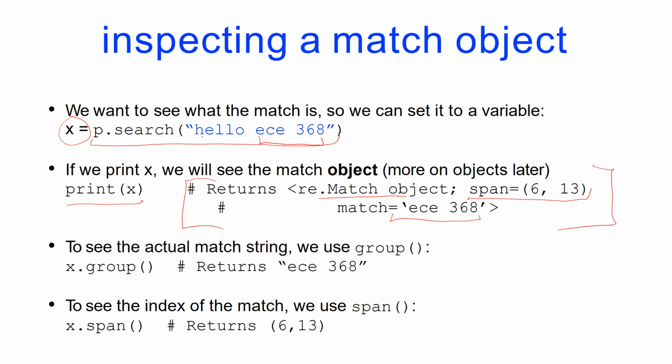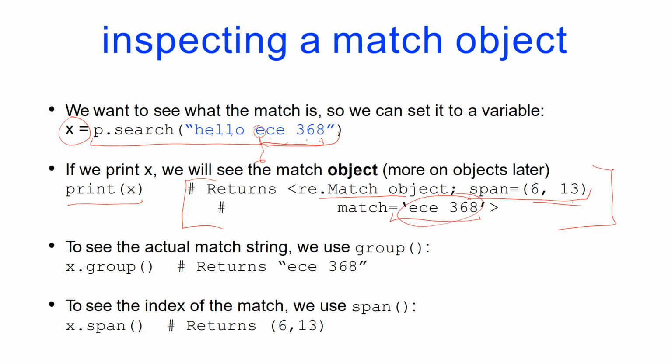You can count 0, 1, 2, 3, 4, 5, 6. So this is index 6, and then you count 6, 7, 8 until 13. That indicates the index range where you captured your matched string.